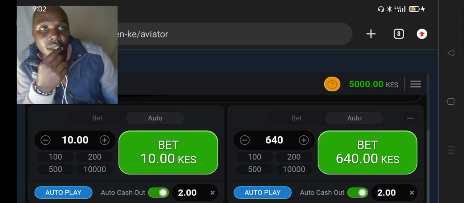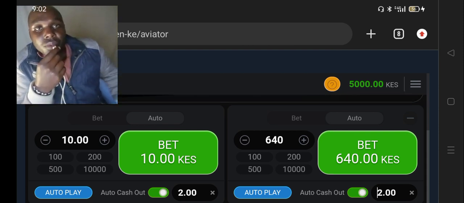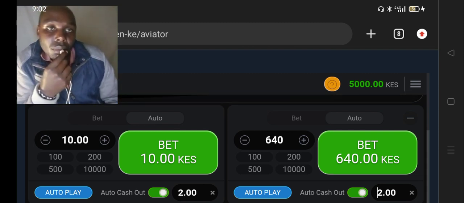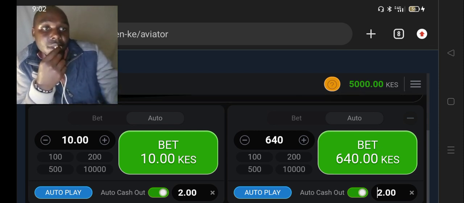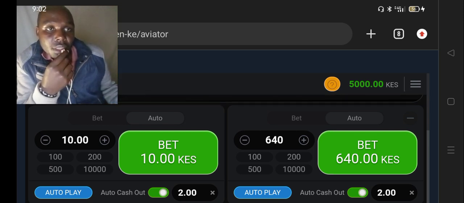The other one over there has the stake at 640, and the first one is at 10 bob. So the first side of betting is the one we will be using most of the time, but the second side we will reserve for a bet that is more than 640 shillings.